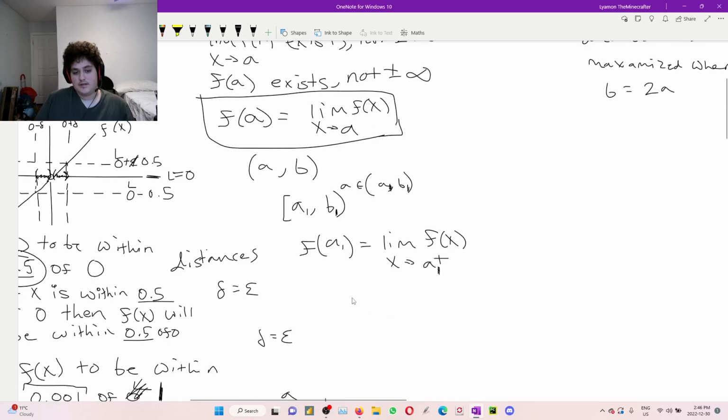I can show a quick example. Let's say I want to show that f of x equals x is continuous over all real numbers. So this is also its domain.